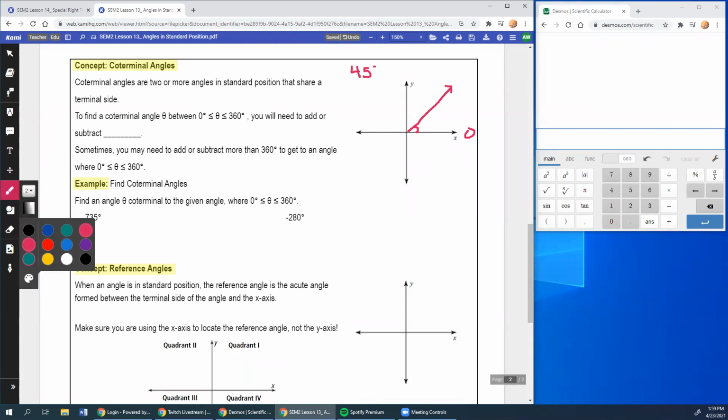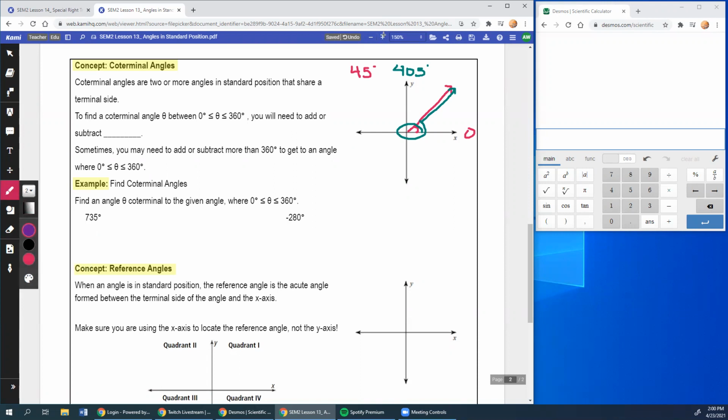And then let's also do 405 degrees. So we're going to start here. We go a full 360. Oh, and look at that. It lands me right at 45. Please note that they should be lining up. I'm just terrible at drawing it.